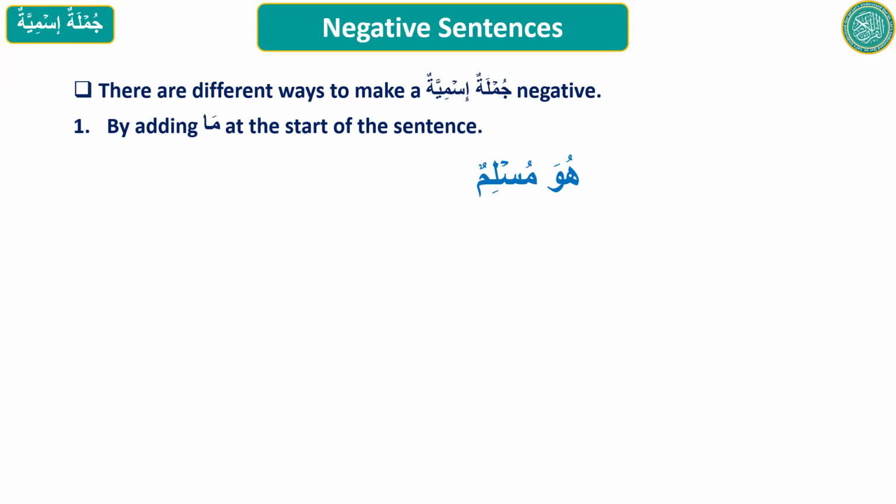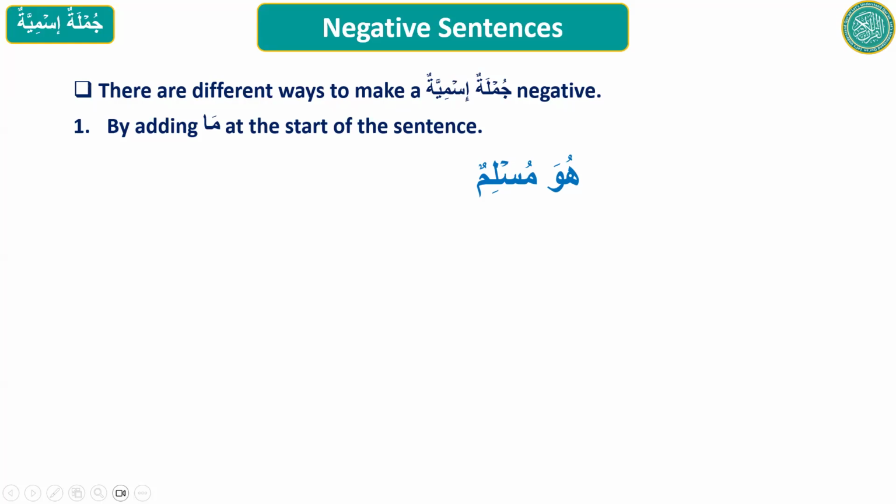Muslimun is the khabar. Both are marfu, in rafa status, right? So what was the rule? What does the first method say? By adding a ma at the start of the sentence. This ma is called ma nafiya, which means not.